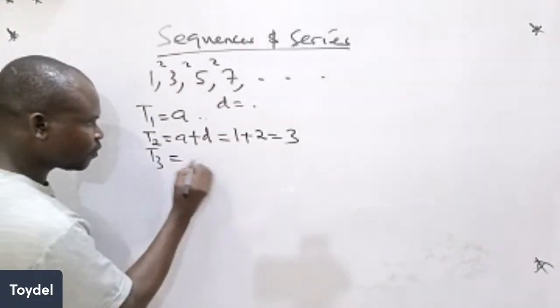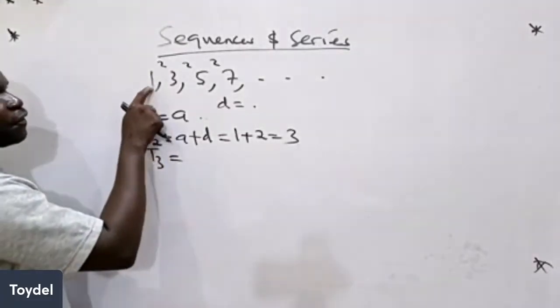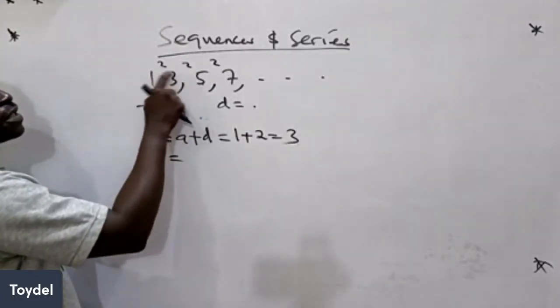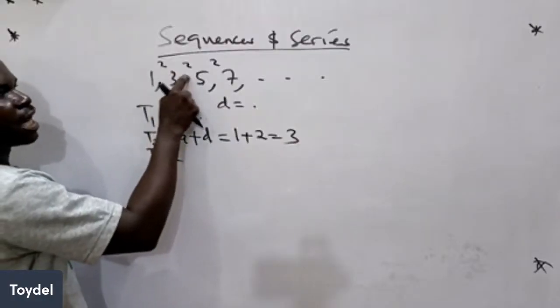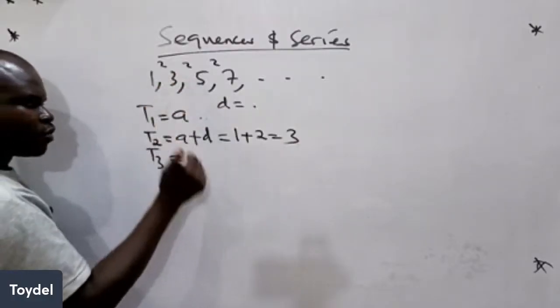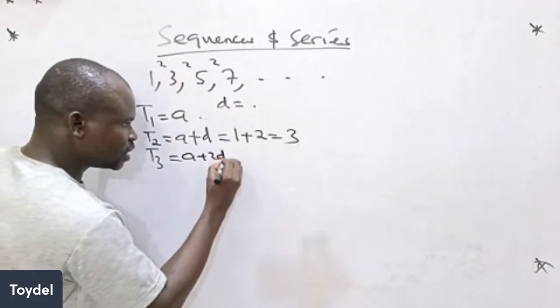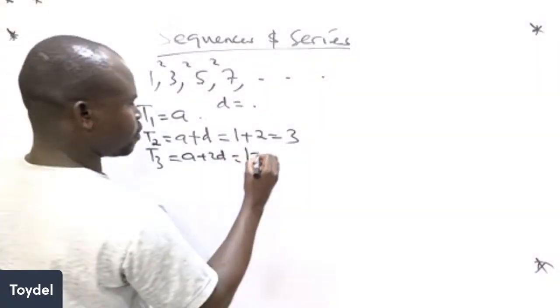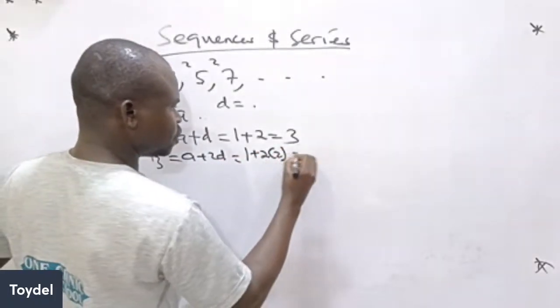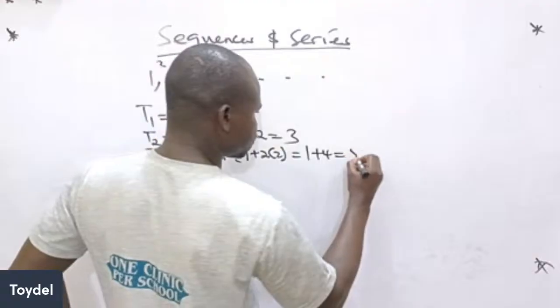The third term: between the first and third term, there are two common differences, two d. So we are going to have a plus 2d, which is equal to 1 plus 2 into bracket 2, then 1 plus 4 is equal to 5.